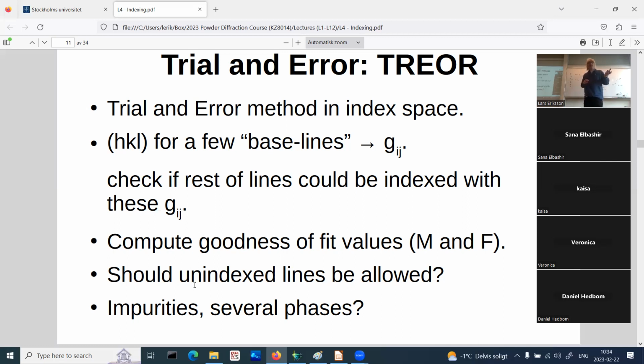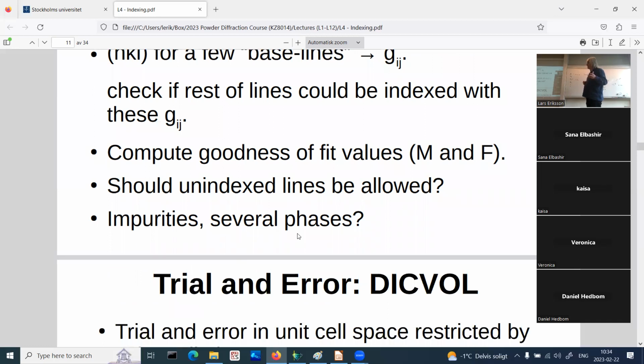Perhaps time for the microscope. Several attempts have been made to index multi-phase samples, not with the classical methods of generating a lot of indices, except for the high symmetry ones. Mixing two triclinic patterns, no one will solve that.